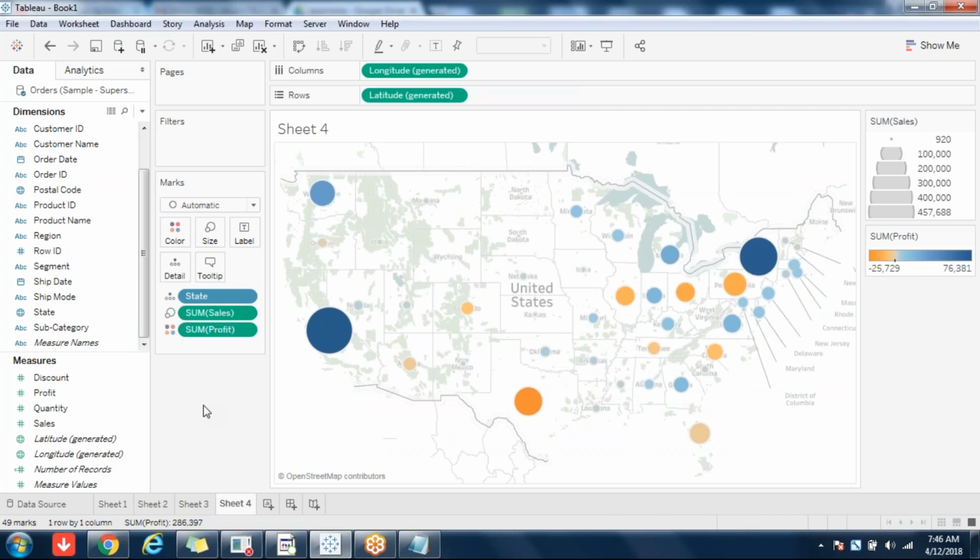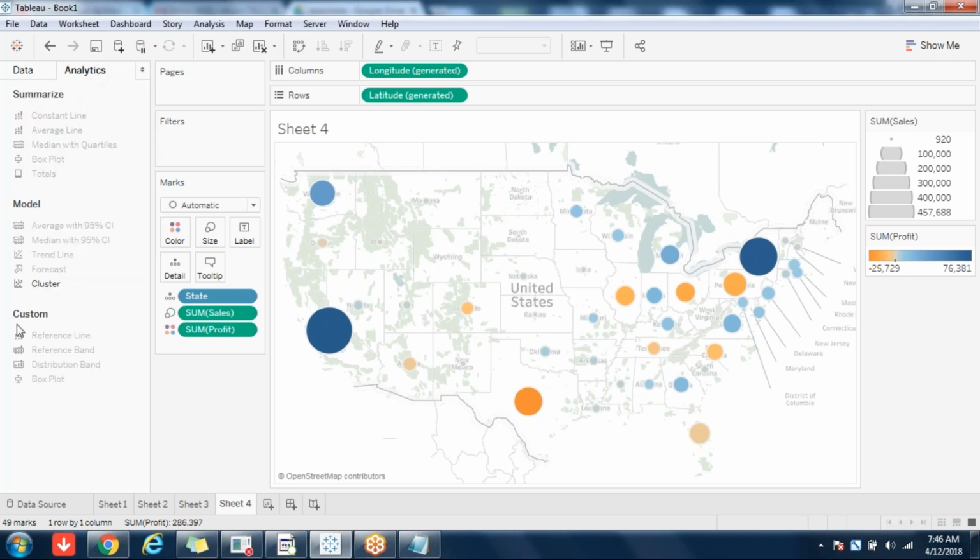You can add a reference for the colors, or a reference for the size of the circles. This is called a legend.